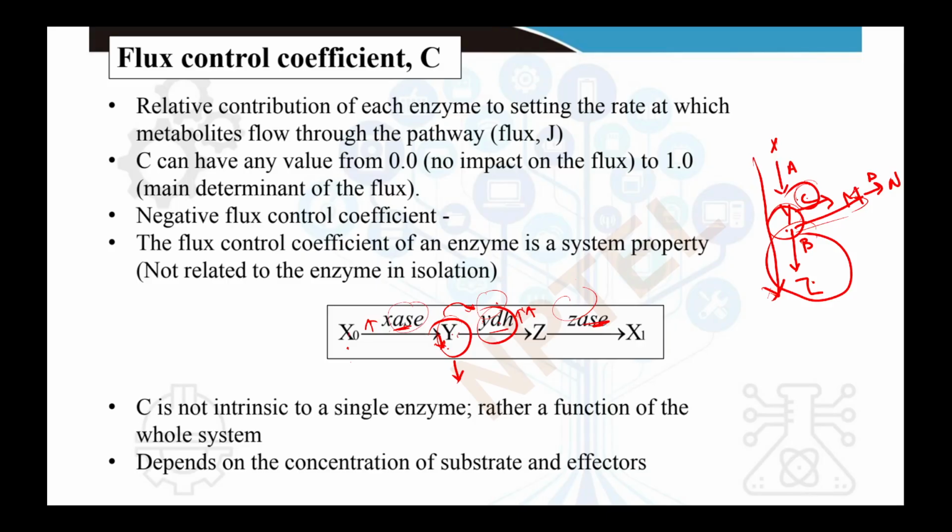Whereas when we are talking about elasticity coefficient, it is kind of a local property. It is measuring the sensitivity of one enzyme's rate, how one enzyme's rate is affecting the pathway. Okay.